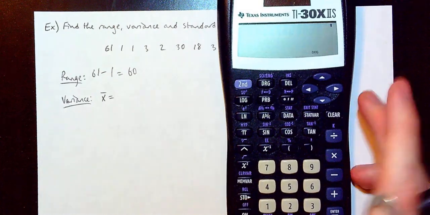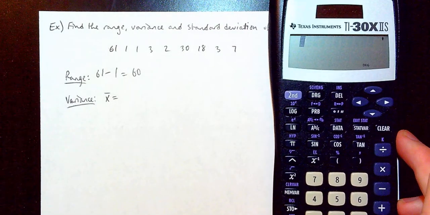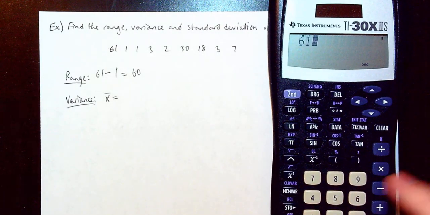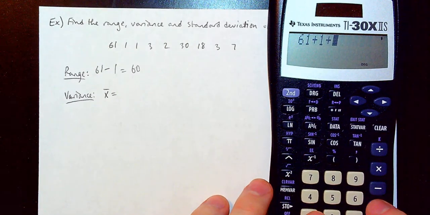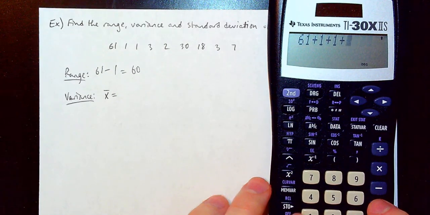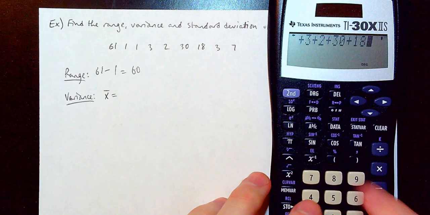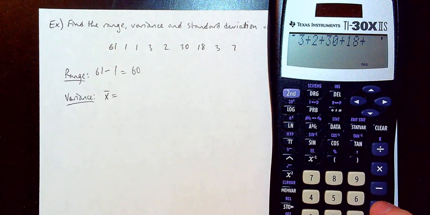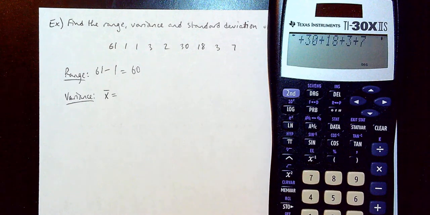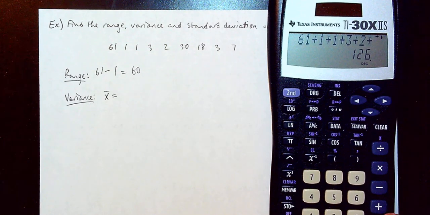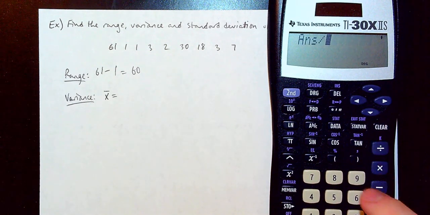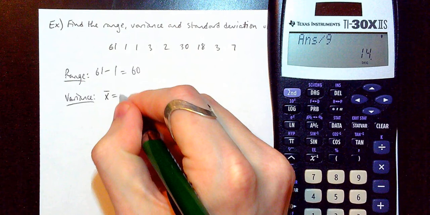So we have in here 61 plus 1 plus 1 plus 3 plus 2 plus 30 plus 18 plus 3 plus 7. That gives me a sum of 126. Divide that by 9, and we are going to come to 14.